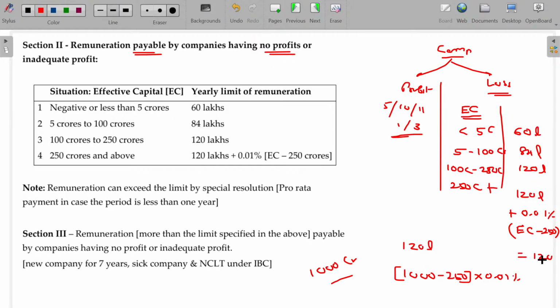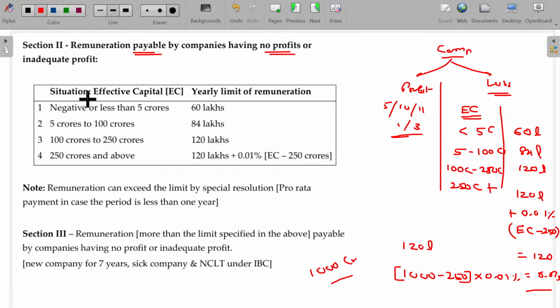Come on, tell me, 750 into 0.01%. 0.075, 0.75. This will be the amount paid.